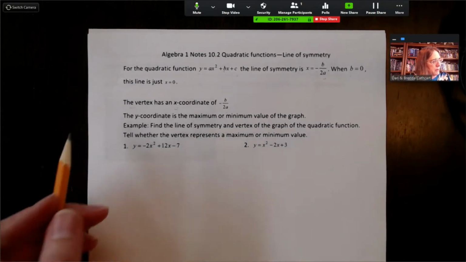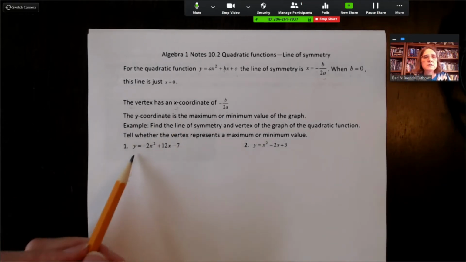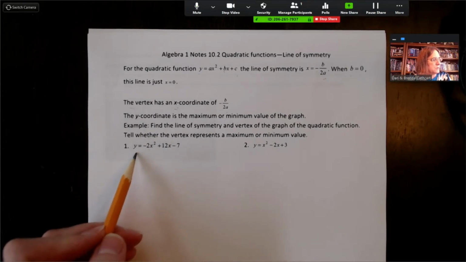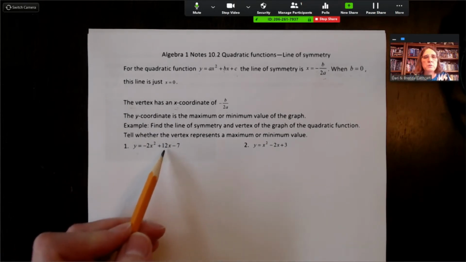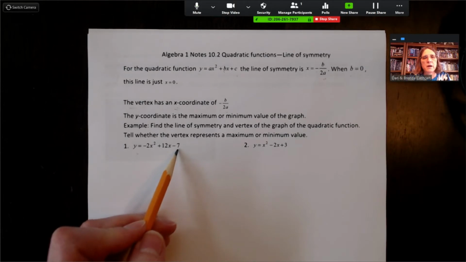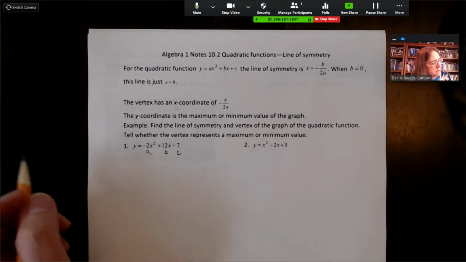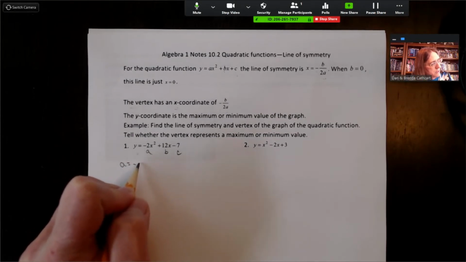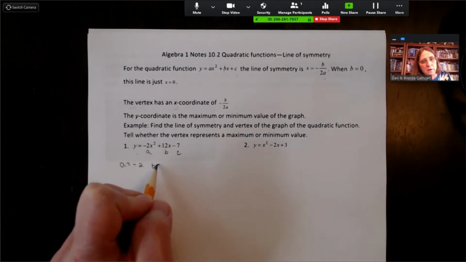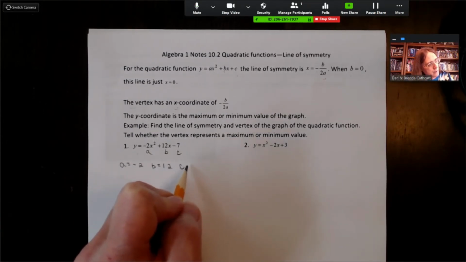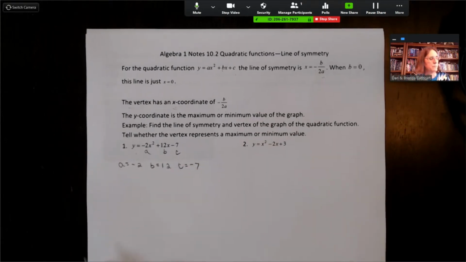Let's start by identifying a, b, and c in our first example. So we have y equals negative 2x squared plus 12x minus 7. So we have our a, our b, and our c. Our a is negative 2, our b is 12, and our c is negative 7.